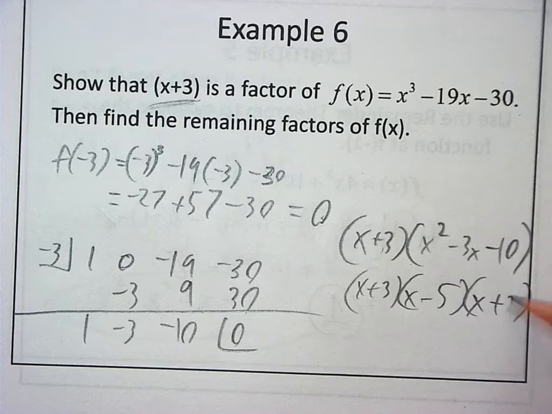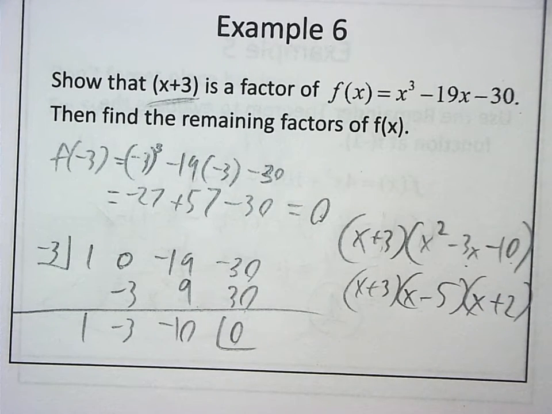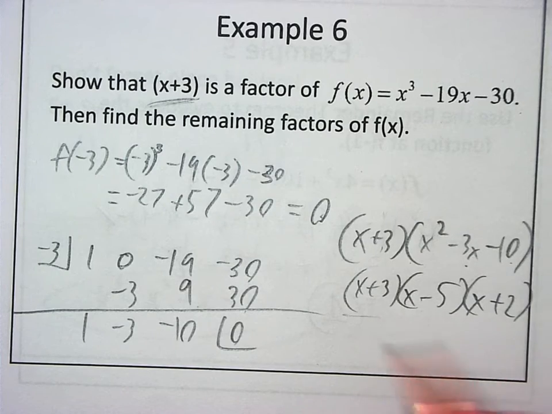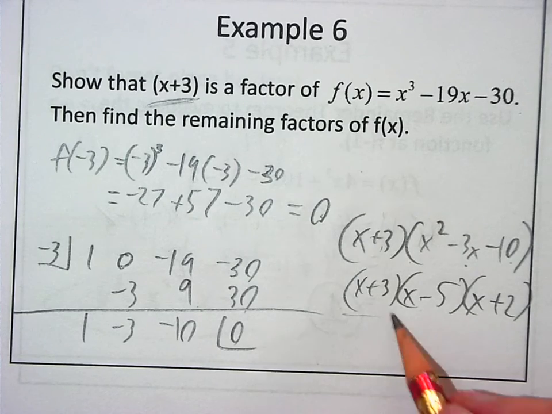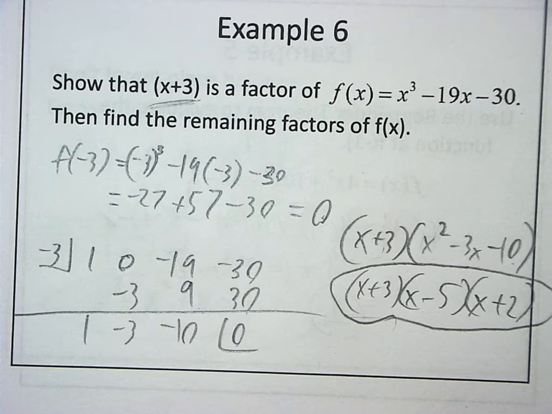Negative 5 and plus 2 multiply to be negative 10, add up to be negative 3. So will these break down further? No. All your x's are reduced down to x to the first power. It means it will not go any further for sure.